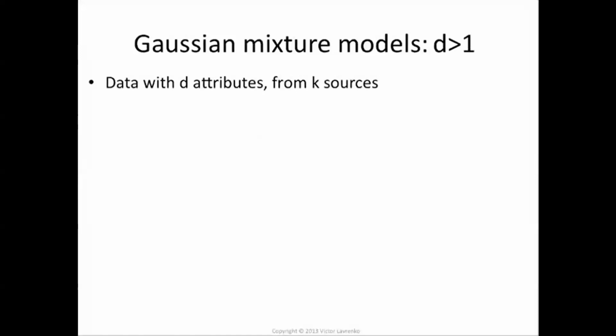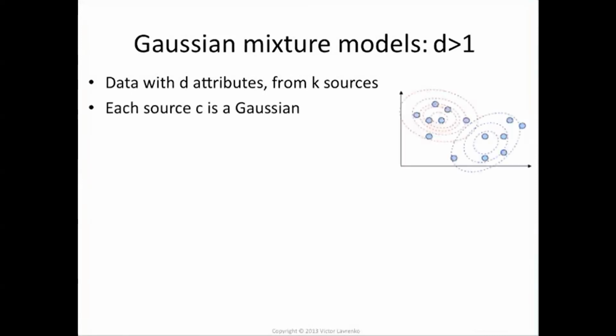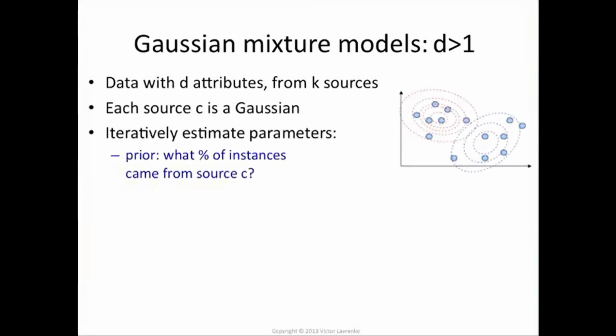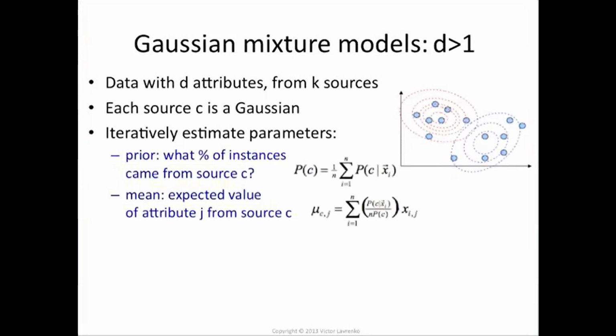And in k dimensions or in d dimensions, you basically do the same thing, only equations become a tiny bit more complicated. Now, instead of a single number, you have vectors, and you're doing everything over vectors, right? So each source is still a Gaussian, and what you're doing is to do the mean.